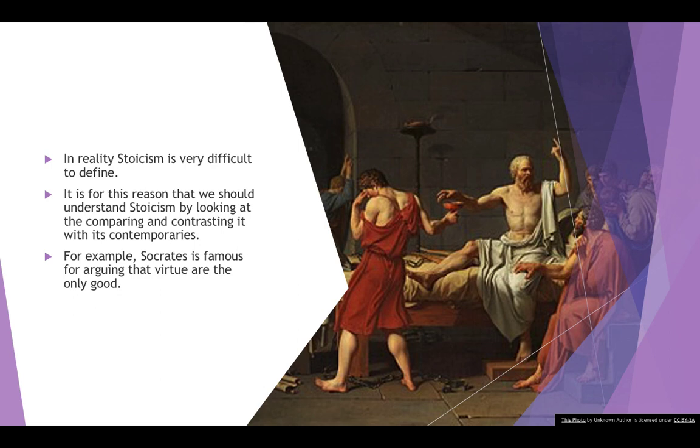So, for example, people like Socrates, who weren't Stoics, is famous for arguing that virtue is the only good that can come from a person. Really, anything that isn't a virtue is neither good nor bad. It has no moral worth.